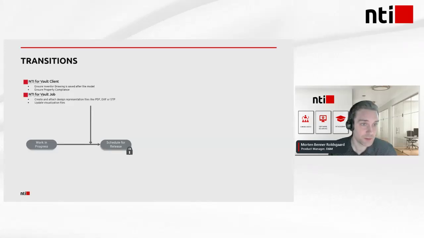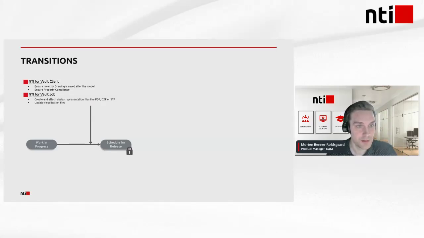So that was how we could use the NTI for Vault client to ensure the data quality here. We can also use NTI for Vault job to automate some of these processes. As René mentioned, we can have an automated approach when talking about transitions.